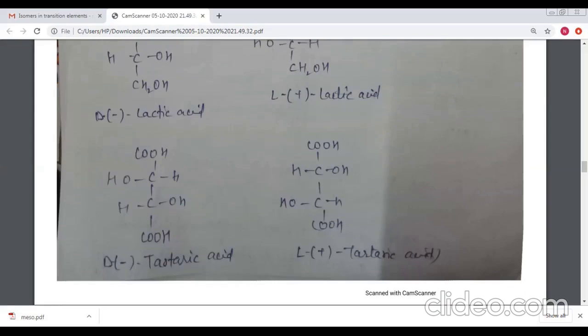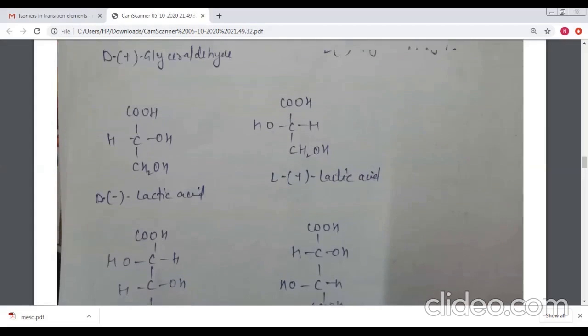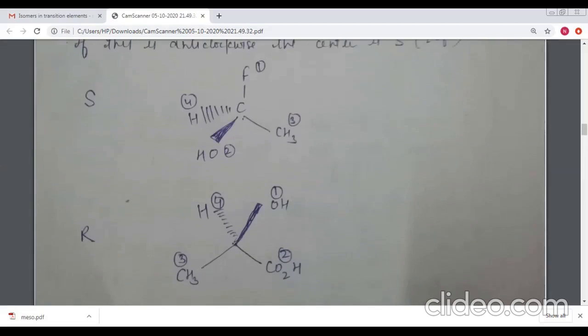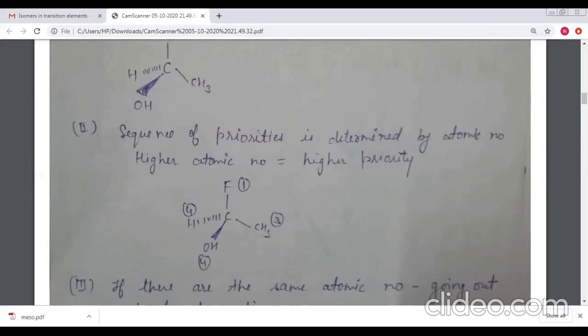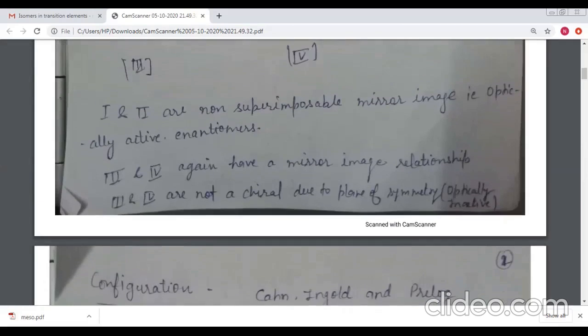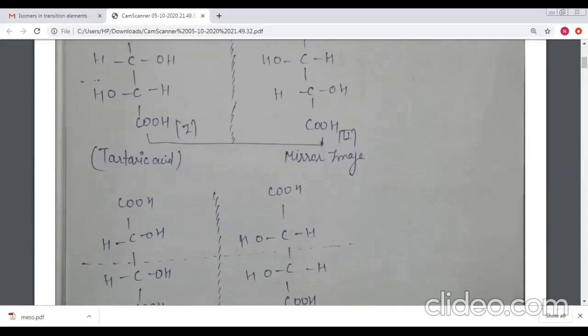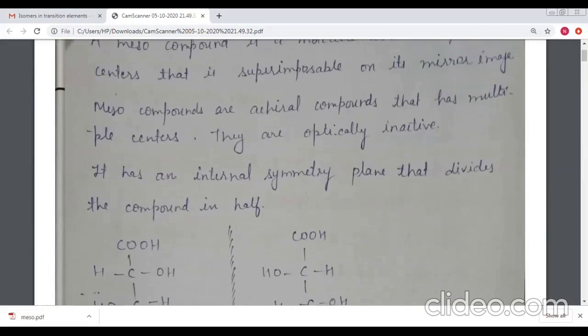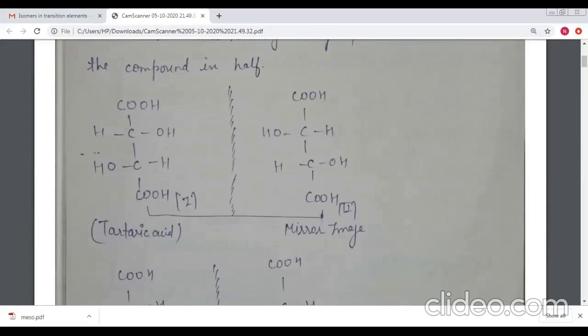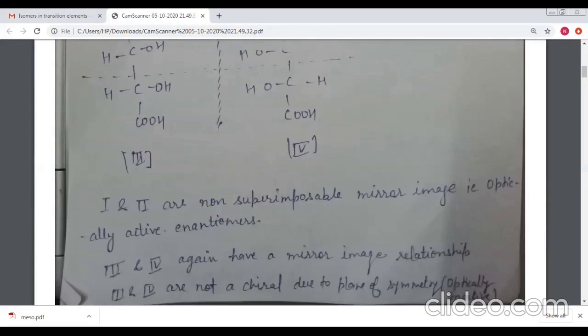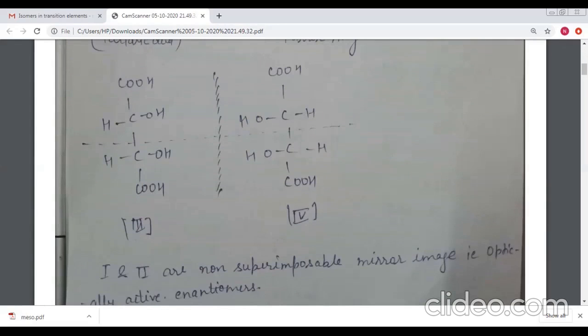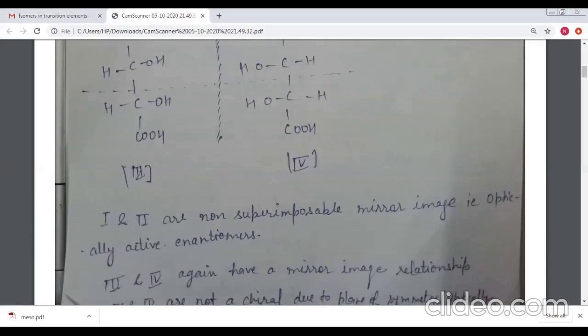So these are the subtopics related to our previous lecture on enantiomers and isomers. Firstly, we discussed the meso compounds. I repeat again, meso compounds means there is more than one chiral center, or asymmetric carbon atom, and they can show mirror images, but if a POS is present, that is a plane of symmetry which divides the compound into two halves, then the compound is optically inactive.